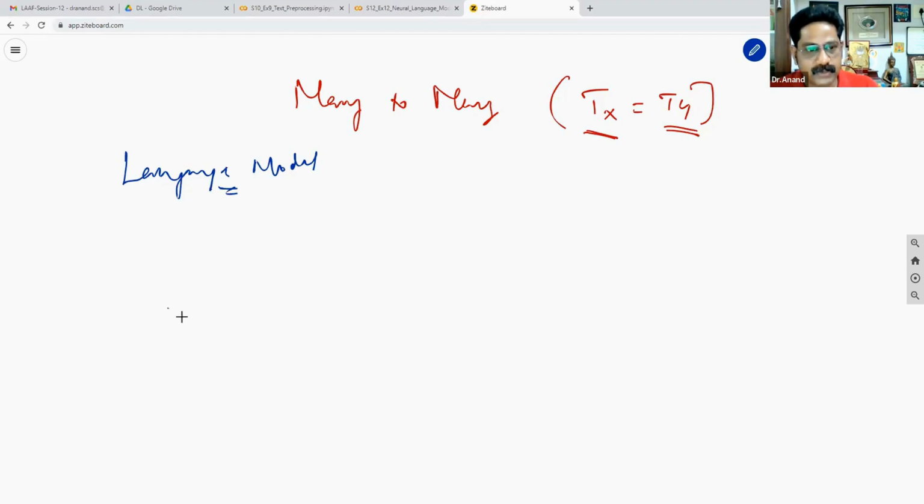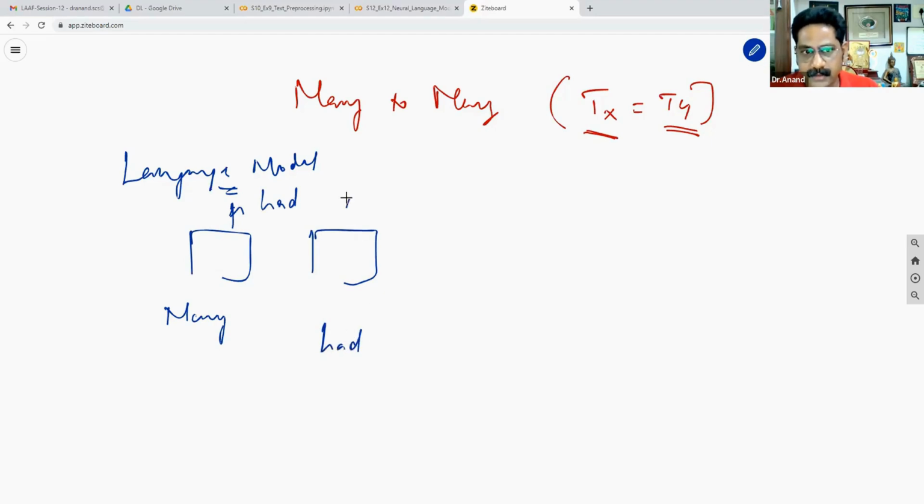Say, for example, my first token is Mary. And what is the expected output for this? Had. Okay. So what is the next token I should feed to the model? Had. What's the next token I should feed? The target should be little. Every time I have a target, the previous target is the next input.